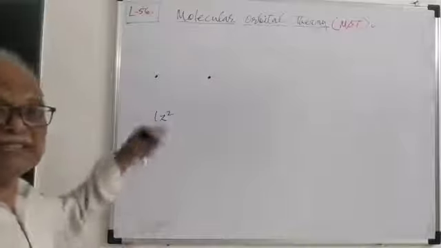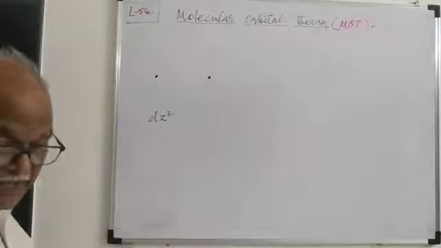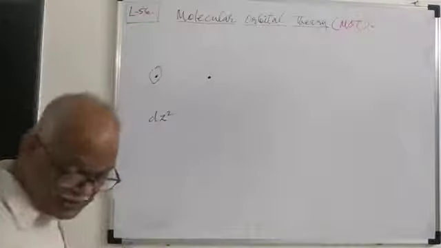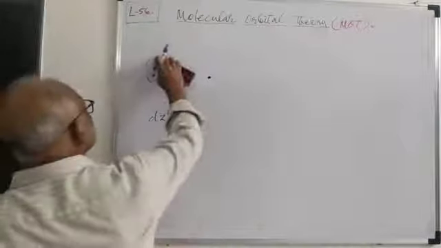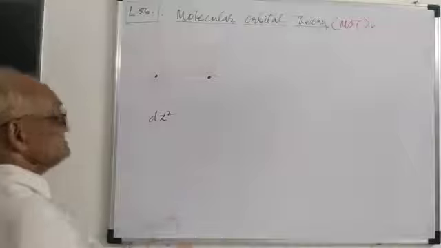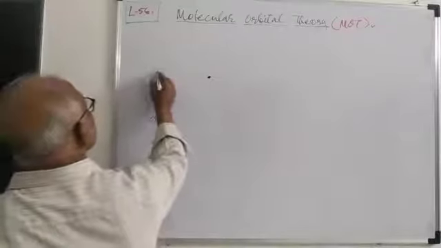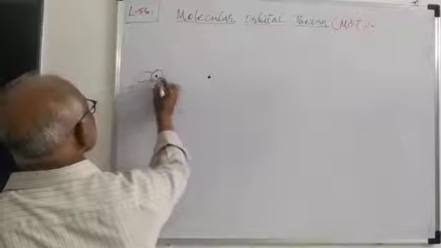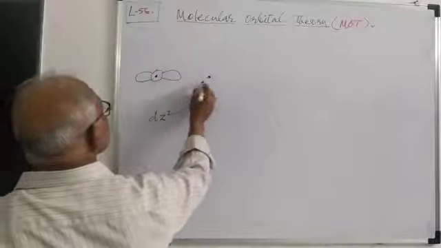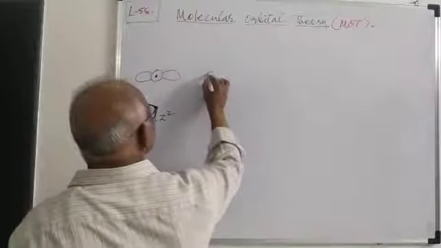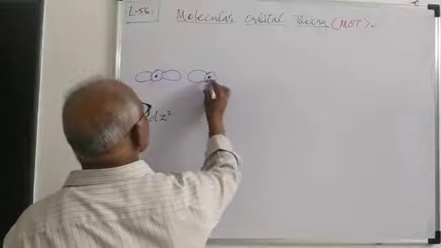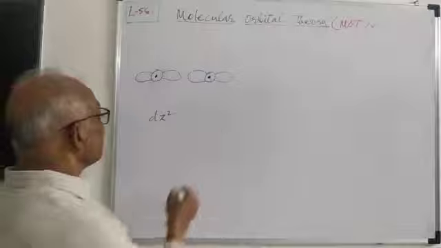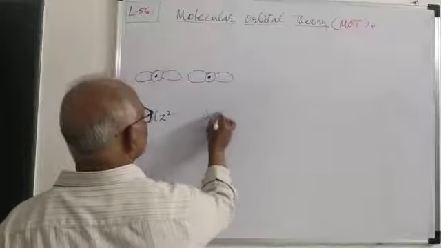So here these orbitals are oriented in the direction of z-axis. So there is this first type. These are 2 dz2 orbitals.